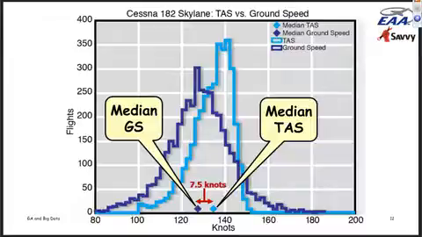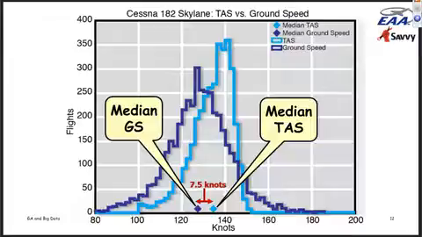Which means that on balance, in this group of 3,500 flights, the net penalty was 7.5 knots.